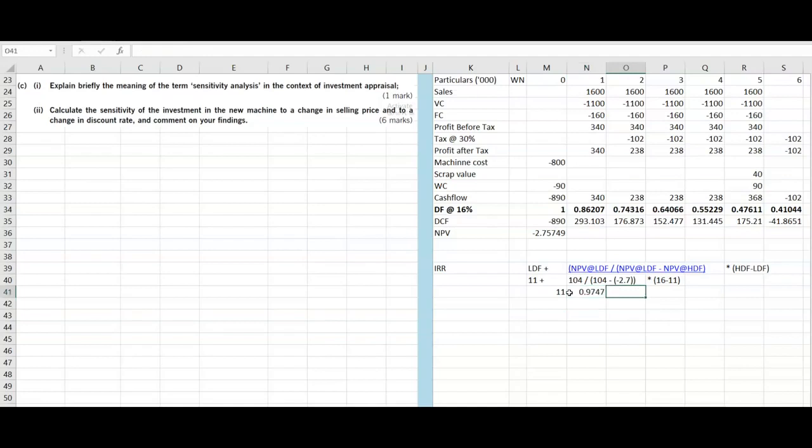Multiplied by 5. So I will get an answer here. So this part is again the same, 11 plus. So again 11 plus, we'll multiply these numbers, or we'll type it, 0.9747 into 5.